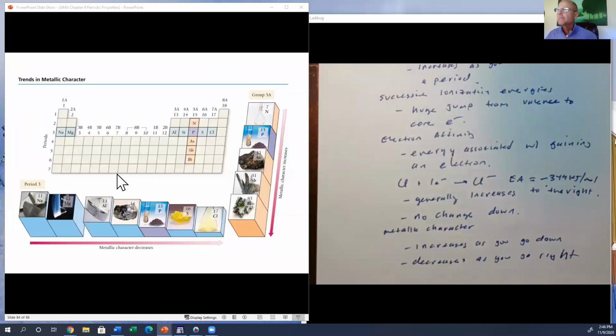You can see a really nice transition by looking at, for example, going down the 5A family. You have nitrogen, which is a nonmetal, phosphorus, which is kind of a metalloid, arsenic, and then antimony and bismuth, which are metals. So you go from nonmetal to metal as you go down. And you see the same thing as you go to the right on the third period: very metallic elements, phosphorus kind of in between, and then very nonmetallic elements.